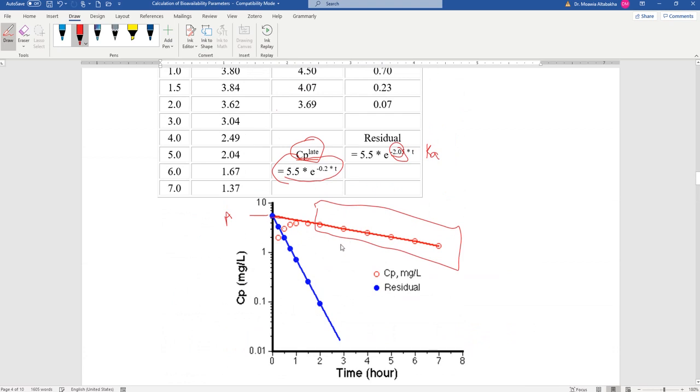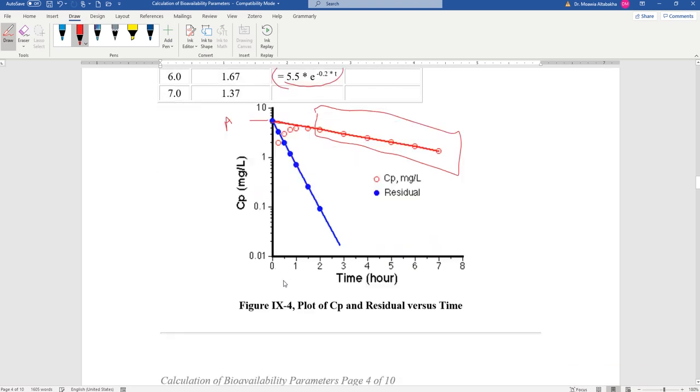Okay, how will I discover that there is a lag time? When you are working with the residual method, like this one, both lines normally should intersect at the y-axis. If they intersect somewhere after the y-axis, meaning after some time, for example, they intersected here, it means there is a lag time. And the point where they intersect is the time of the lag time.